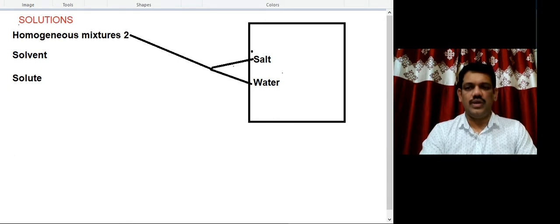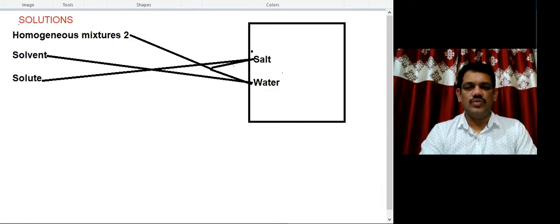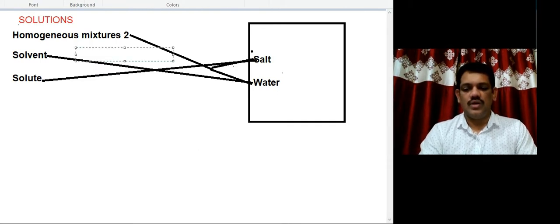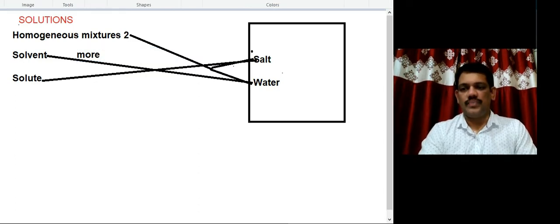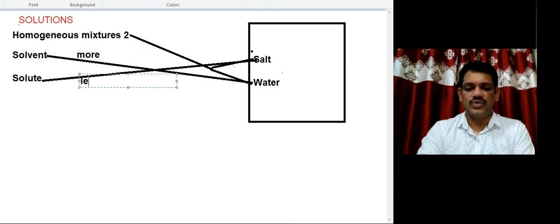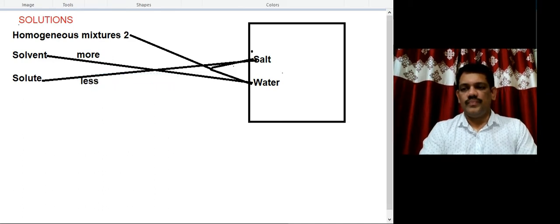So the solvent is water, and the solute is salt, which has the lesser quantity. The solvent has more quantity and the solute has less quantity. This is called solvent and solute.